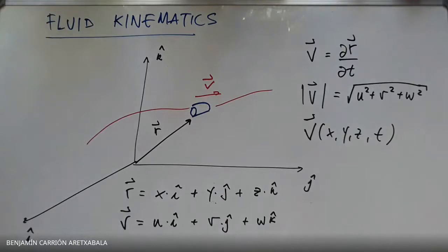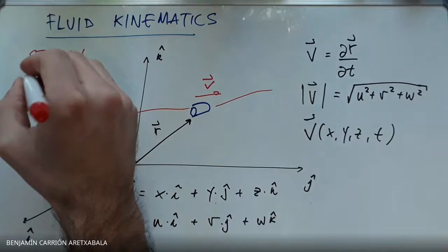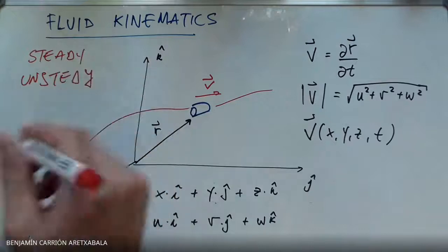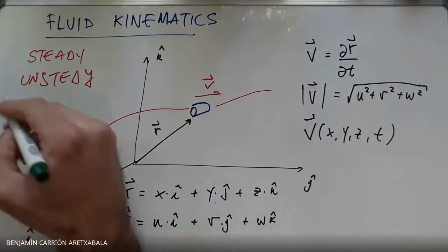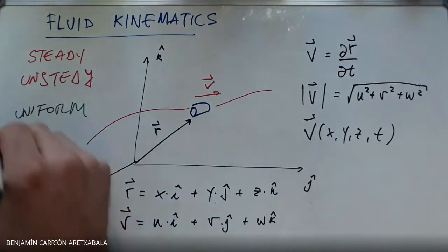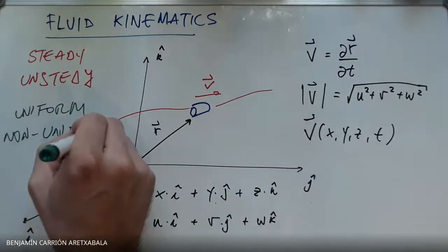Okay. So we're gonna have, let me just write down here, steady and unsteady. And we're gonna have uniform if it doesn't change in space, and non-uniform if it changes.